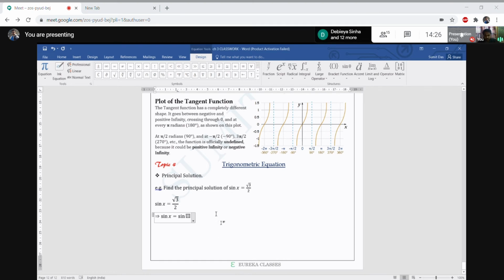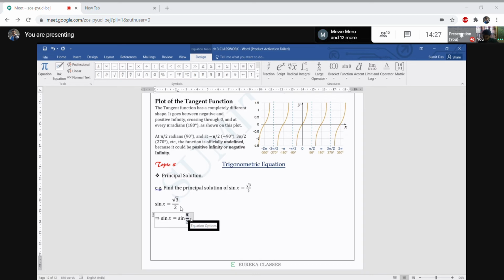From your reply you got my answer. So first let's see, suppose this x is lying in the first quadrant. So in the first quadrant, we can write pi by 3, right? Pi by 3 means 60 degree, and this angle lies in the first quadrant.